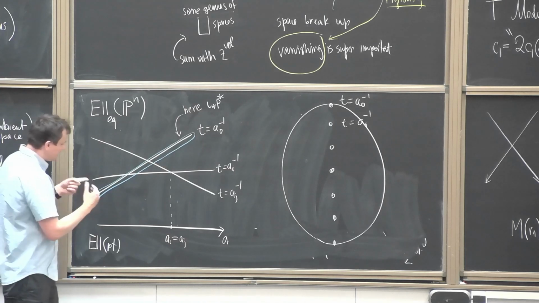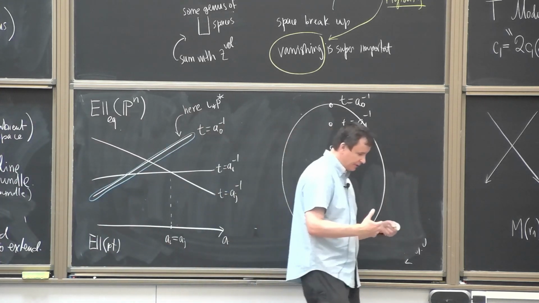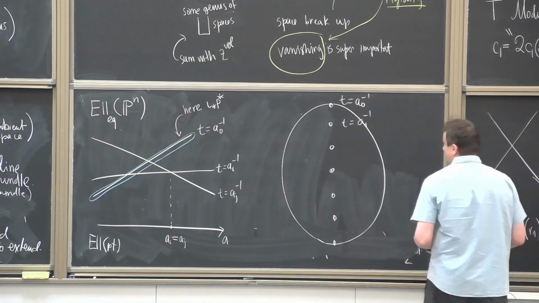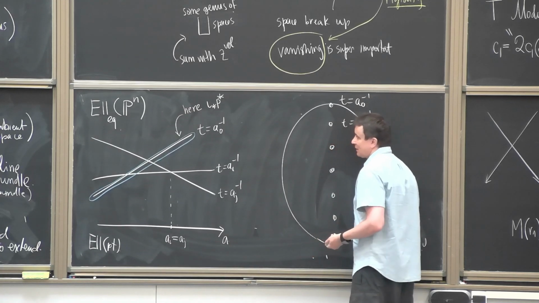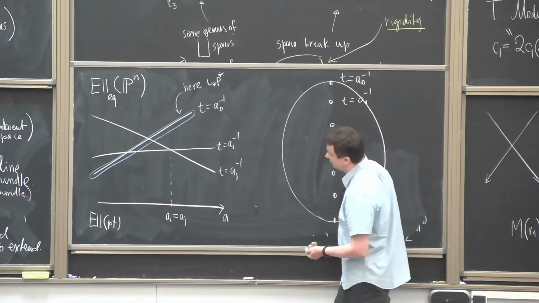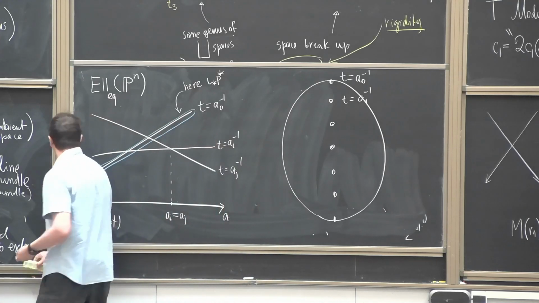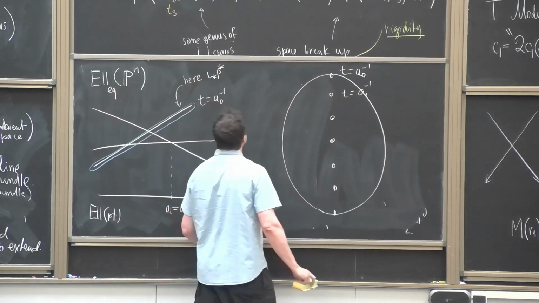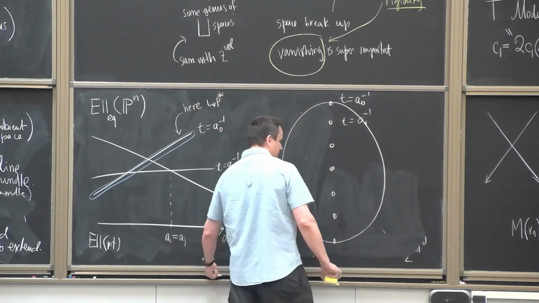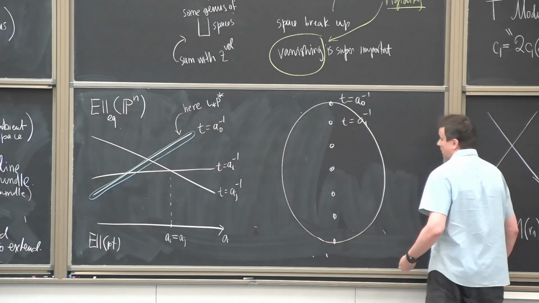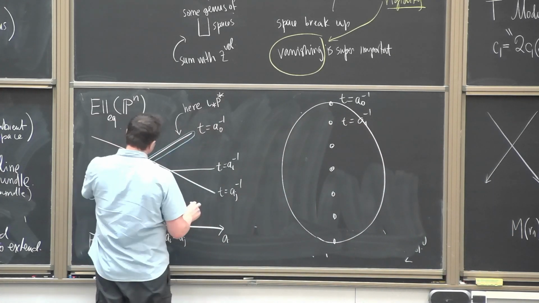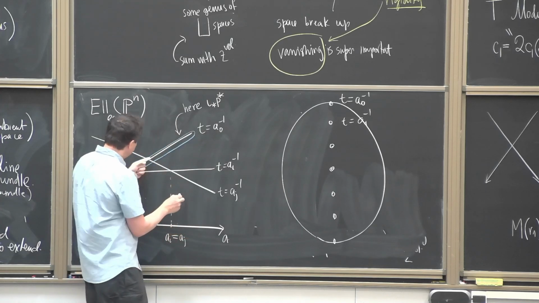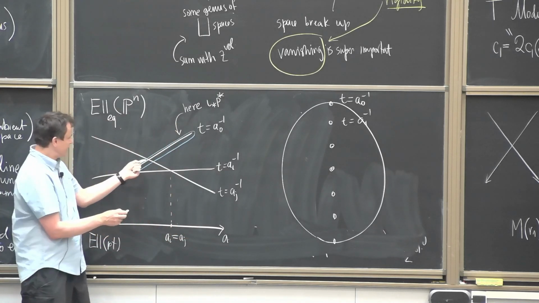Now, suppose we come to the next fixed point. Maybe we come to some other fixed point. Then we do them in order. We come to the next fixed point.